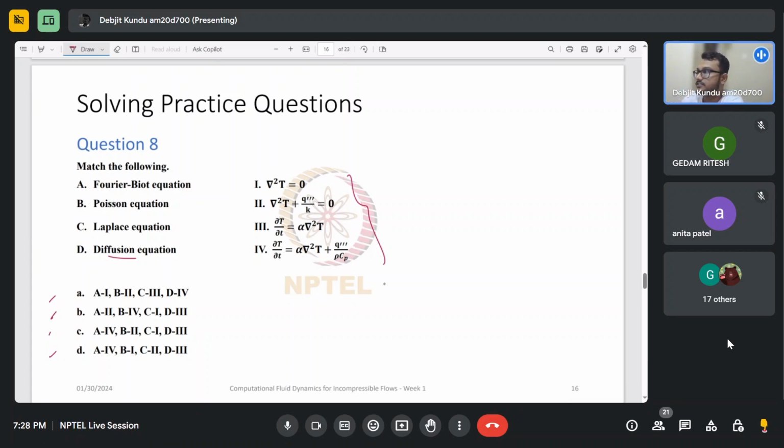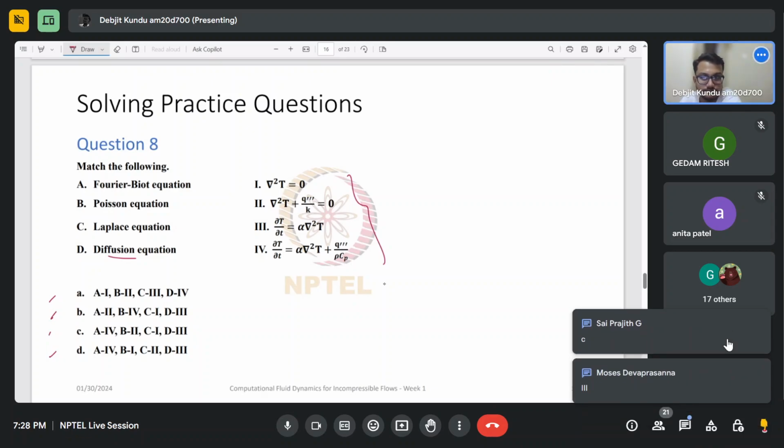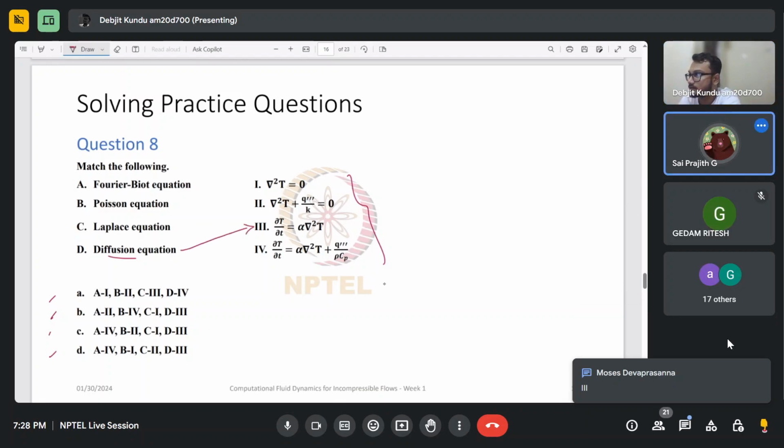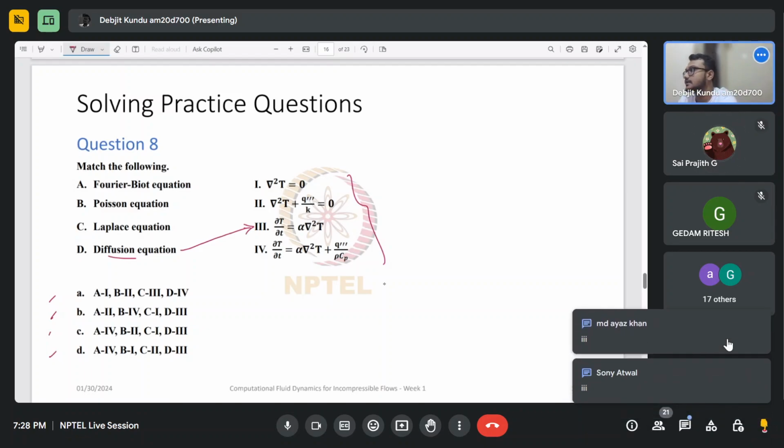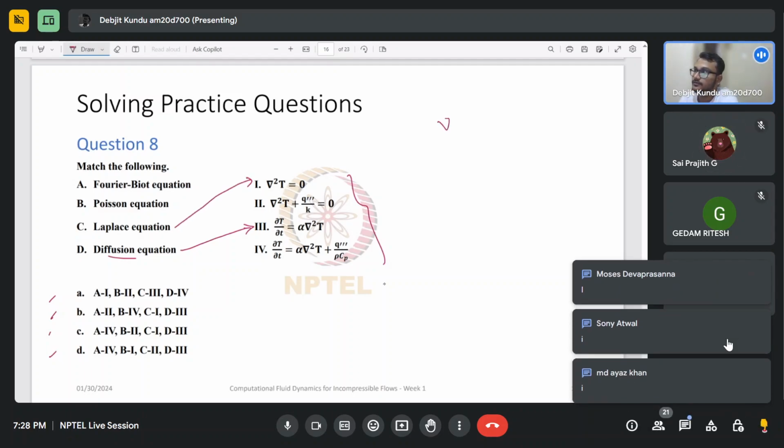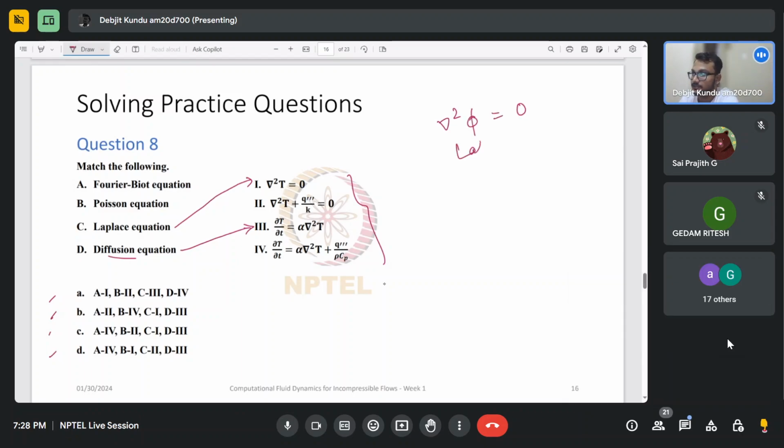Which one of these four is the diffusion equation? 1, 2, 3, or 4? It is 3, right? Sir, third one is the diffusion equation. Third one, right? Yes. And which one is the Laplace equation? First one, sir. Correct. So anything which is a double gradient of something equal to 0, this is the Laplace equation.